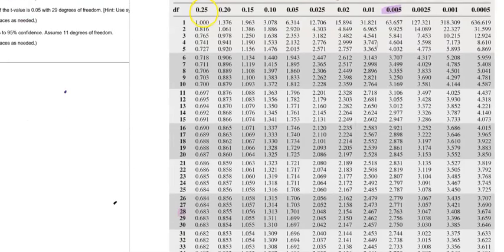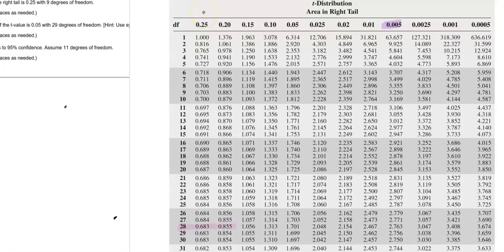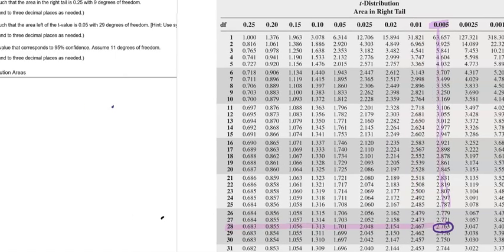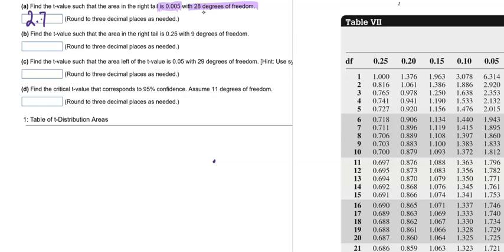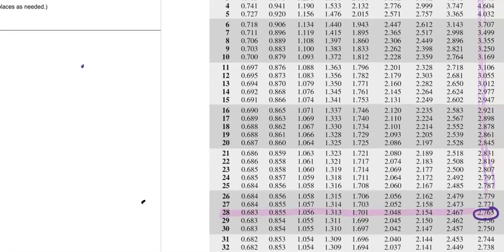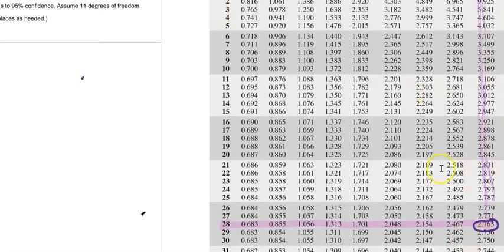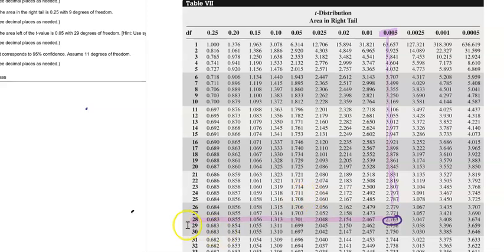If you see the 28 row and the 0.005 column, they meet at this point, 2.763. So the critical value, the t value here, is 2.763. Let me say again, 2.763, where the 28 row and the 0.005 column meet. That's the t value.